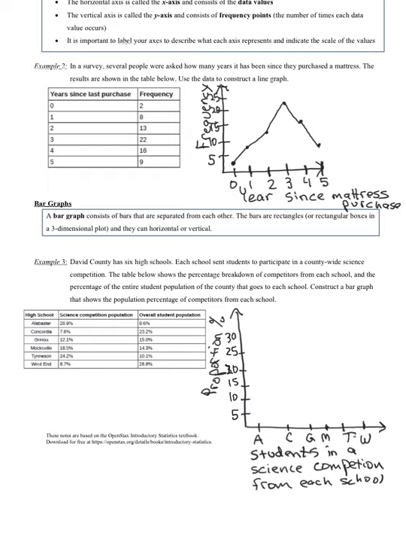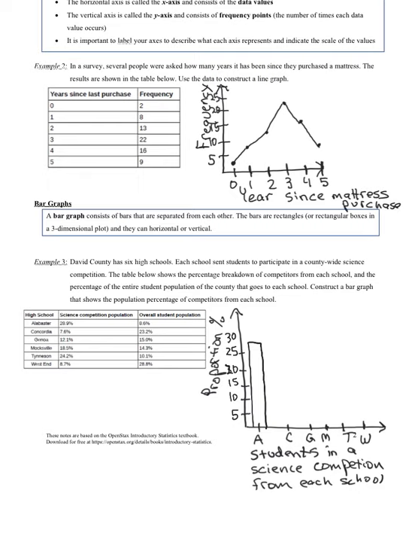Now for our bar graph, we are going to make bars, rectangular figures. So for County Alabaster, it looked like 28.9% of those students were in the competition. So we'll make that bar reach up until about 28.9%.